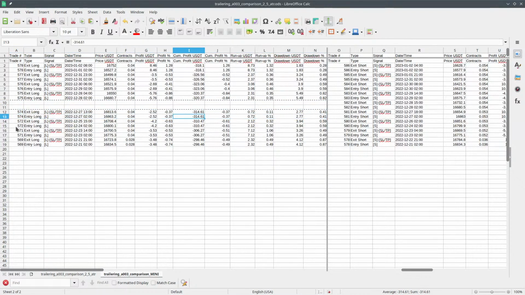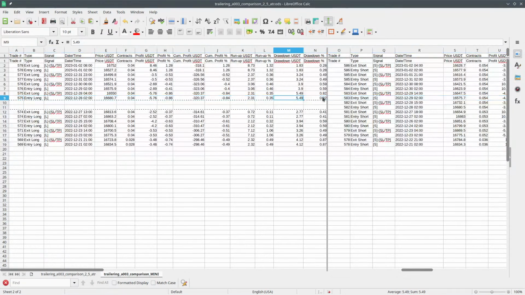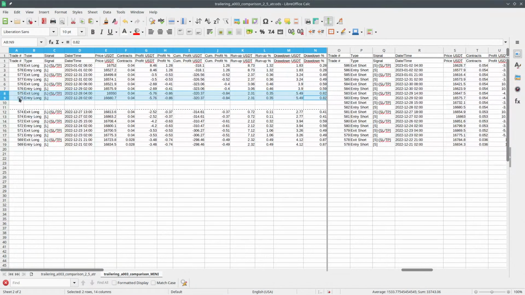So now we have this entry long, which is 24 2 AM. This is also 27 2 AM, so we are okay. This is 28 2 AM here, so let's move it to the downside.